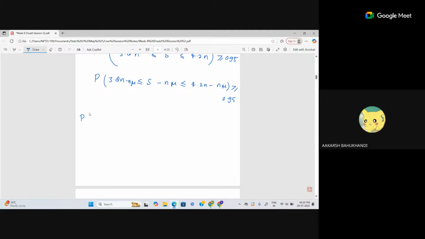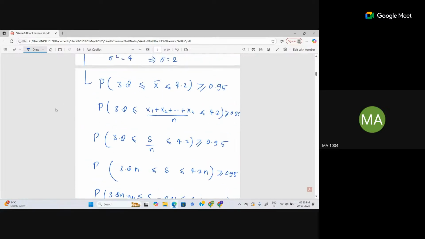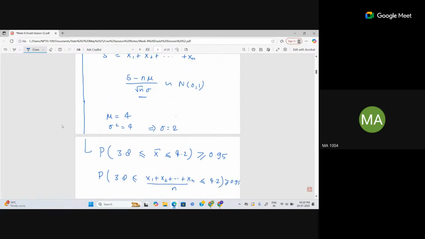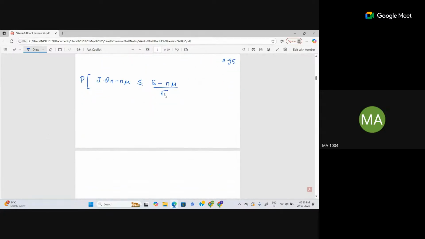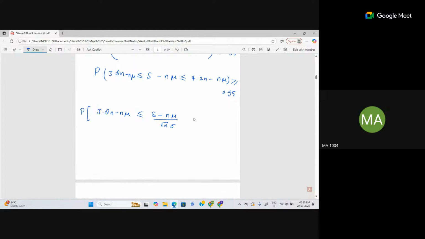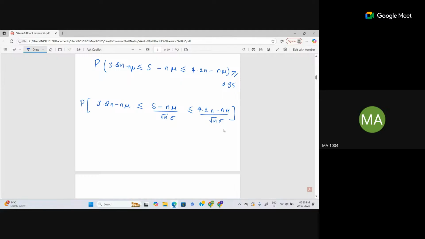Now this is 3.8 n minus n mu, and we can divide by root n sigma. We have to divide by this quantity, root n sigma, and this is greater than or equal to 0.95.